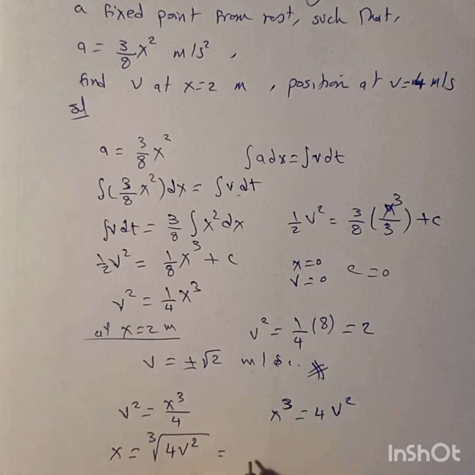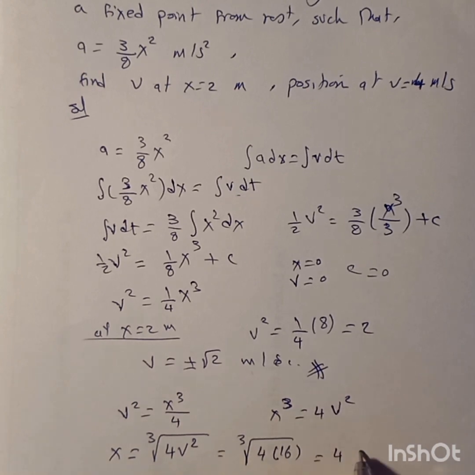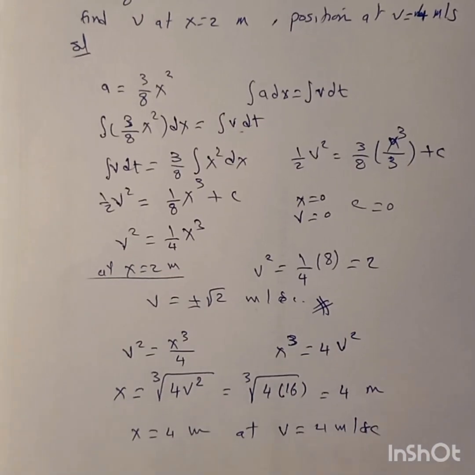With v equals 4, we have 4 times 16, which is 64, and the cube root is 4 meters. Then x equals 4 meters at v equals 4 meters per second, and this is required.